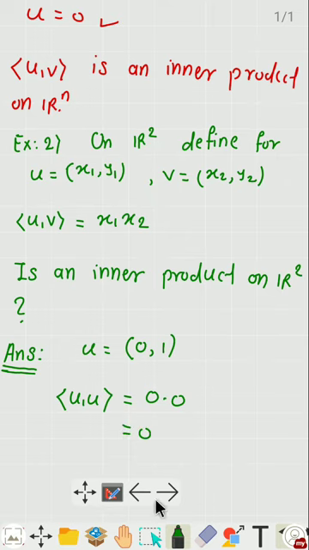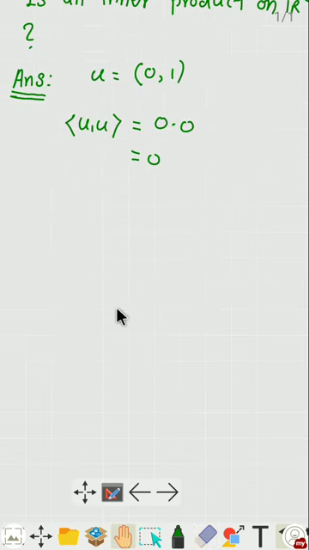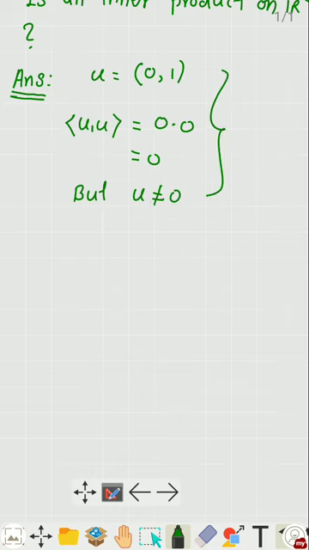Okay, so the product is 0, but the vector u is not equal to 0, and this is the violation of which condition? This is the violation of the fourth condition.